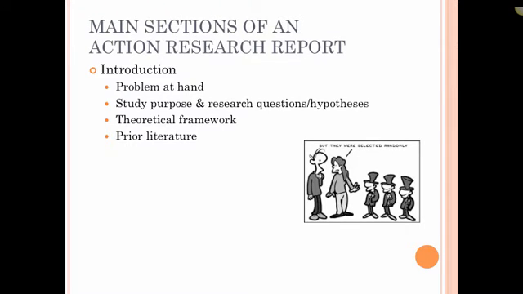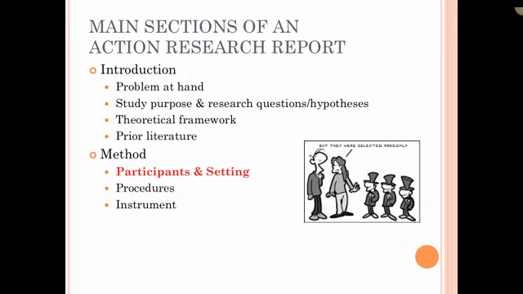All right, and so I just want to note where you should, in an action research report, discuss who your study participants are as well as the setting of your study. Your action research report will, of course, have an introduction section, and that's where you'll include your research topic, question, problem statement, any theoretical framework you might have, as well as your review of the prior literature. Then in the section that's called the methods section, you will include a discussion of your study participants and setting.